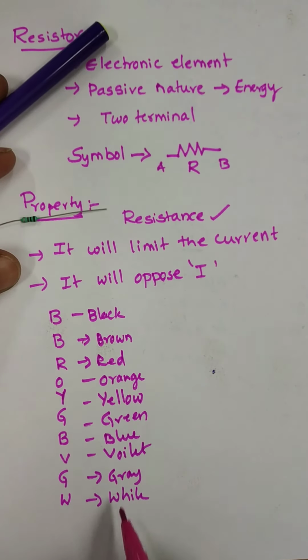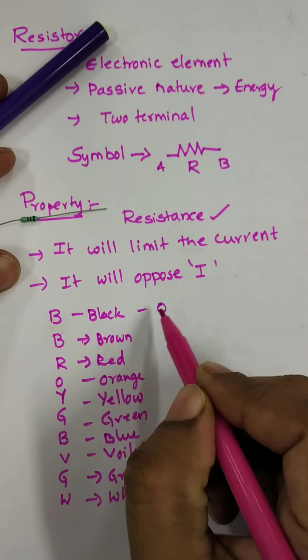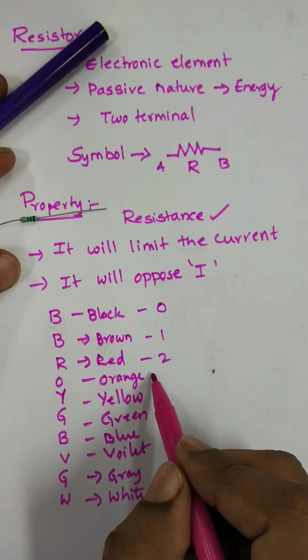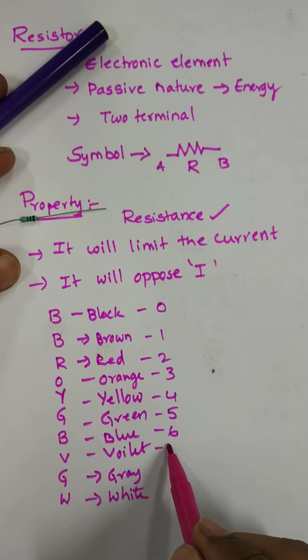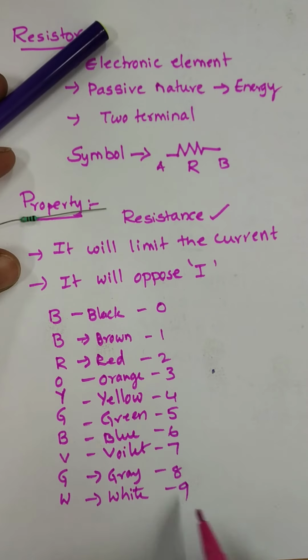This is the color code, and it maps to the values 0, 1, 2, 3, 4, 5, 6, 7, 8, 9.